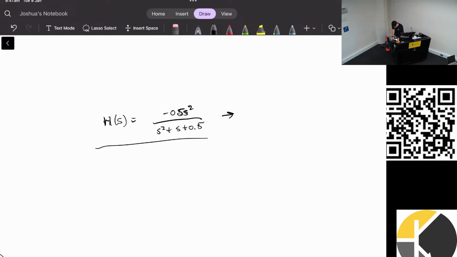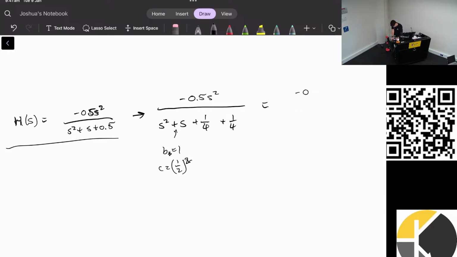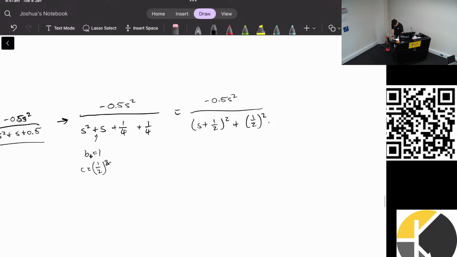So we have minus 0.5 s squared all over s squared plus s. So in this case b is 1. So c needs to be 1 on 2 squared. So we need a plus a quarter. If I take away a quarter from a half, I have a quarter left. And now I can complete the square. So I have minus 0.5 s squared on s plus a half squared plus a half squared.